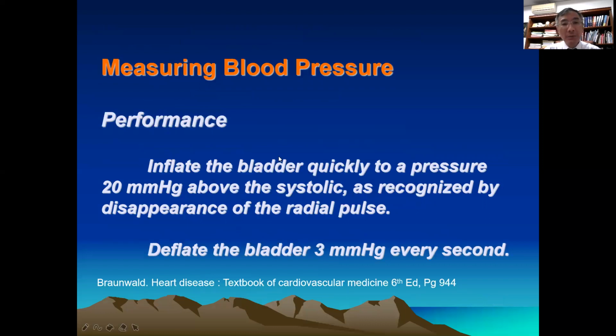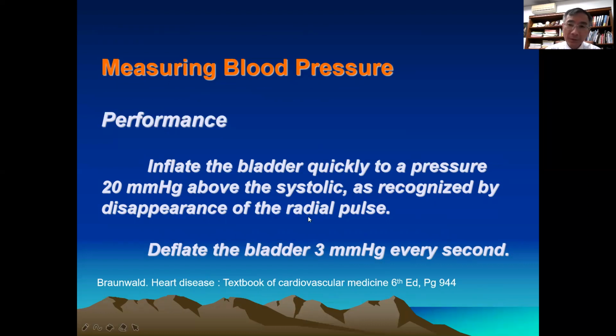In measuring the blood pressure, inflate the pressure cuff quickly and inflate it to 20 millimeters above the systolic level. How do you know that the systolic level is reached? Because that is the level when the radial pulse disappears.